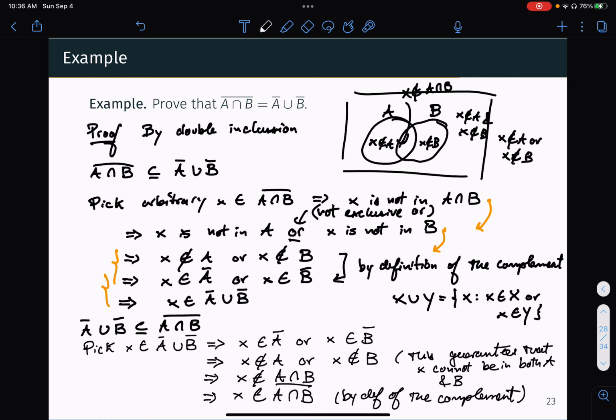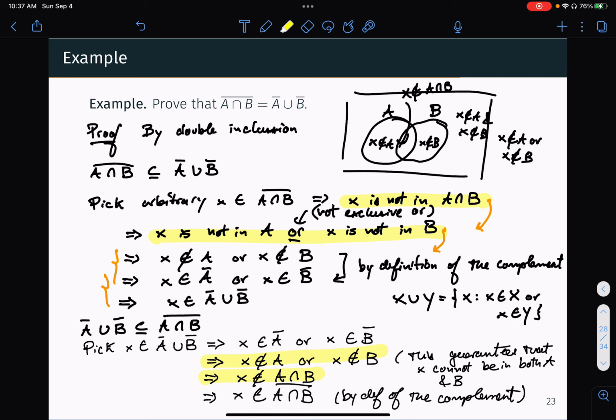So the real crux of this proof is just understanding what it means. Like, the crux of the proof is understanding the implications of a set membership. So it's understanding this from this step to this step and from this step to this step, right?